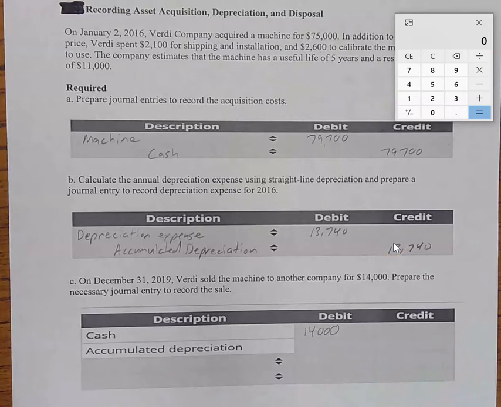So we now have to get this accumulated depreciation off the balance sheet. You don't have to do anything with depreciation expense because the income statement is going to reset to 0 the very next day anyway, because income statement accounts are temporary accounts. However, we do need to figure out how many years we have had this asset, and we've had it for 2016, 2017, 2018, and 2019.